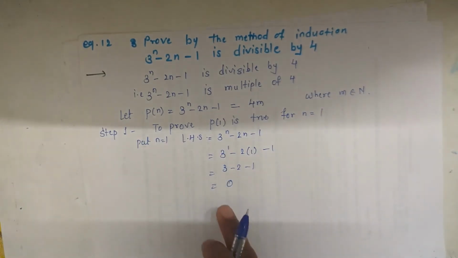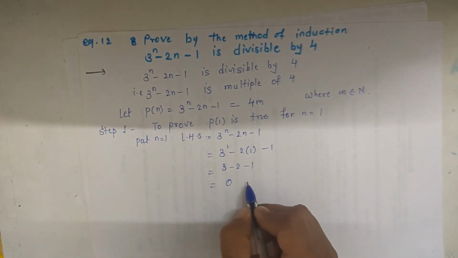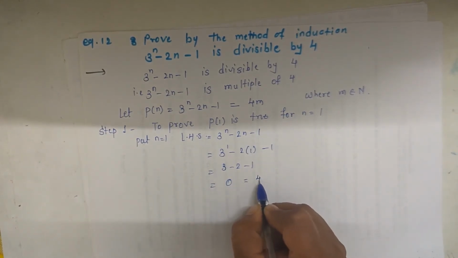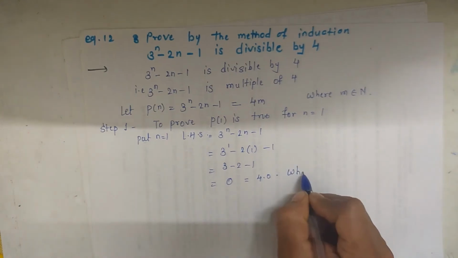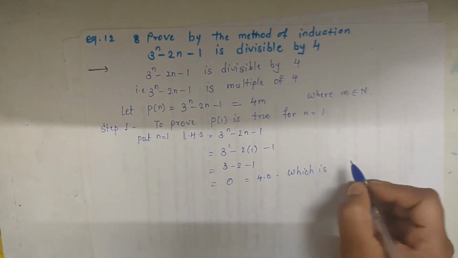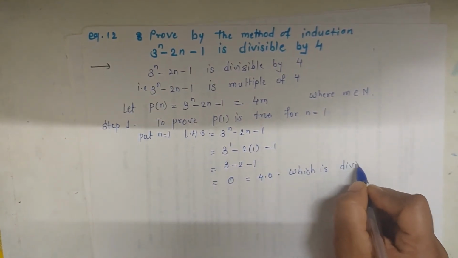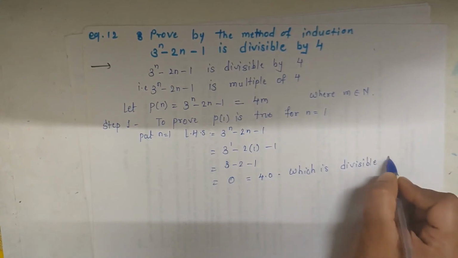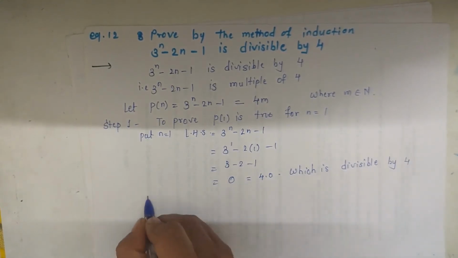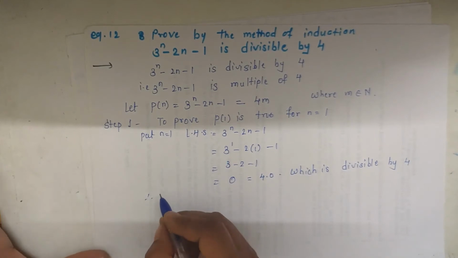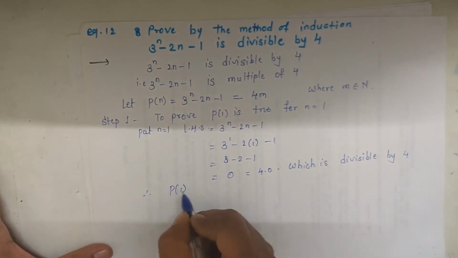We know that 0 is always a multiple of 4, so we can write 4 into 0, which is divisible by 4. Therefore P of 1 is true.